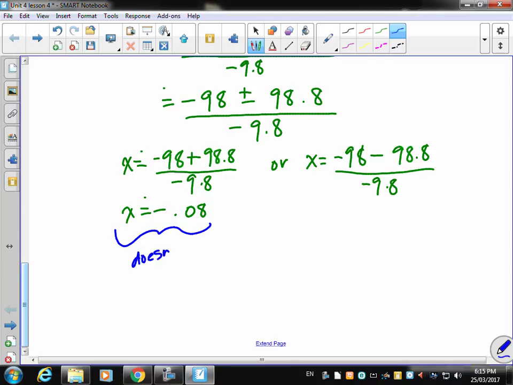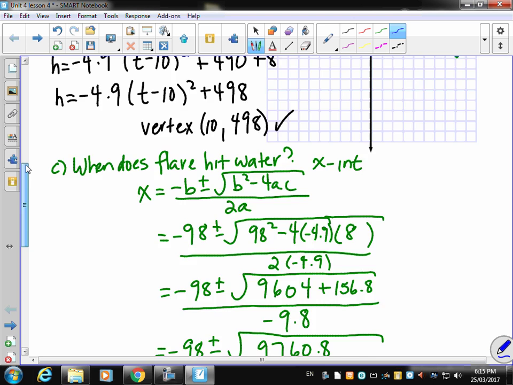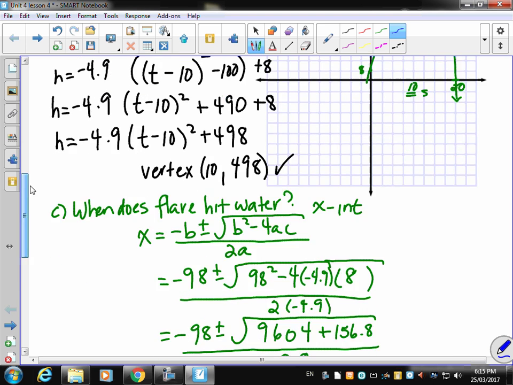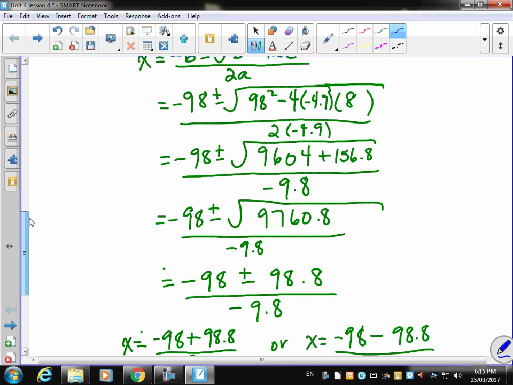It doesn't fit the problem, okay? Because this story started on the boat at time 0. So having a time value or an x value of a negative doesn't make sense. I should have been using t instead of x, shouldn't I? Yeah, I should have been using t. I'm sorry. T, t, t, time.